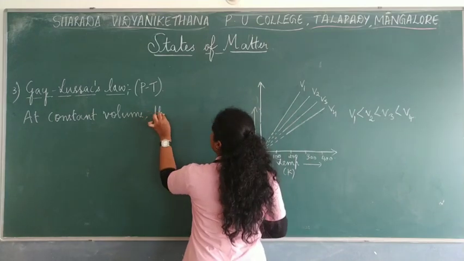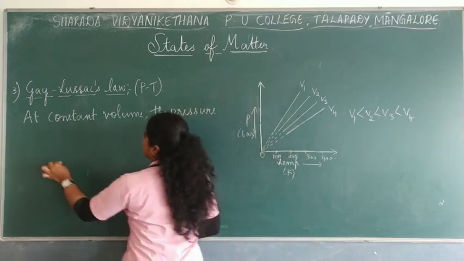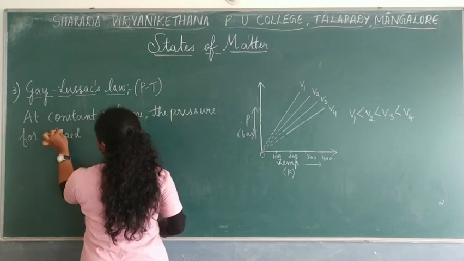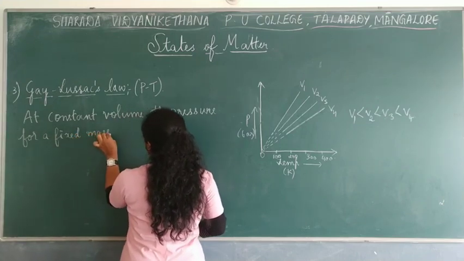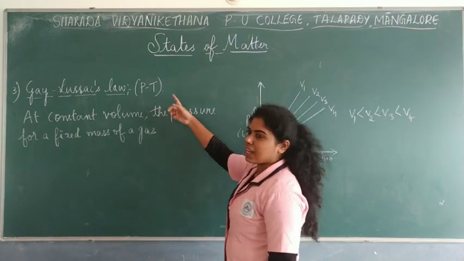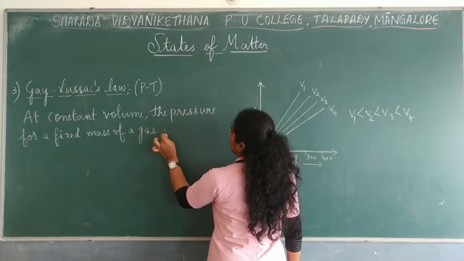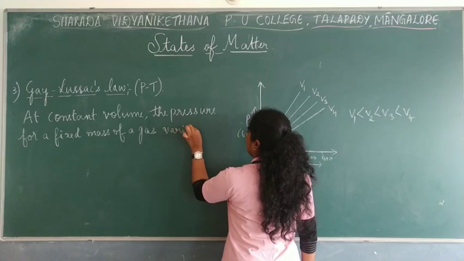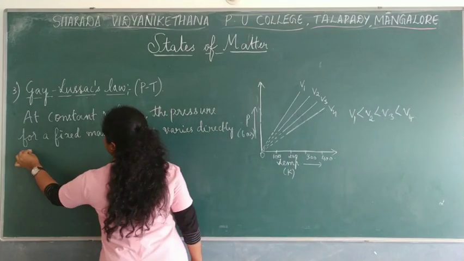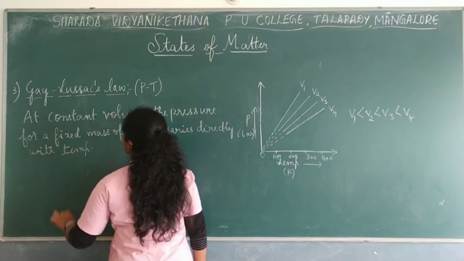So we say the pressure for a fixed mass of a gas varies directly with the temperature, or is directly proportional to temperature. So this is what Gay-Lussac's law says.